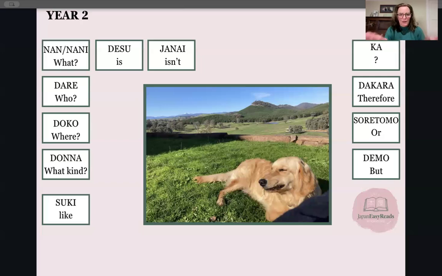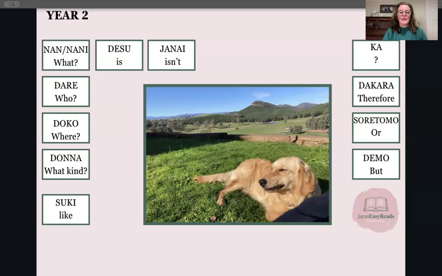They are given it and they just choose which one. So I might say, class, nan desu ka? Inu desu ka? Neko desu ka? And so they've given a choice there.